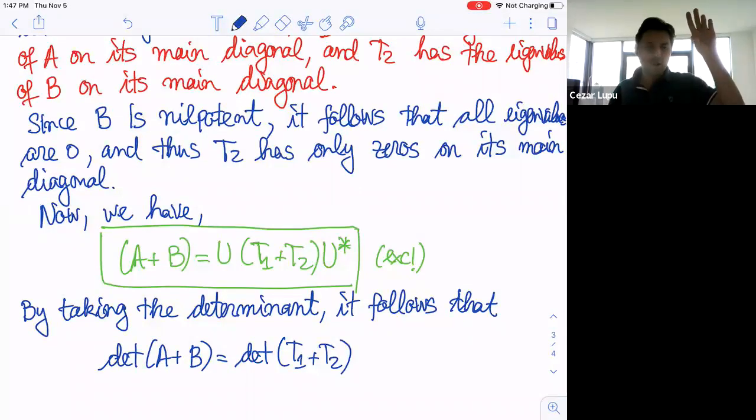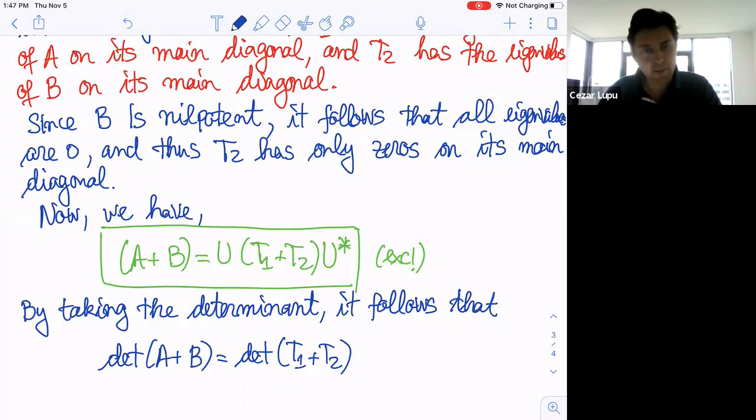The determinant of U times T1 plus T2 times U star is the determinant of U times the determinant of T1 plus T2 times the determinant of U star. But U U star is the identity, so the determinant is 1. So we have this. All right, that's great.